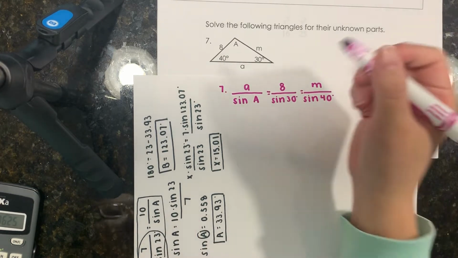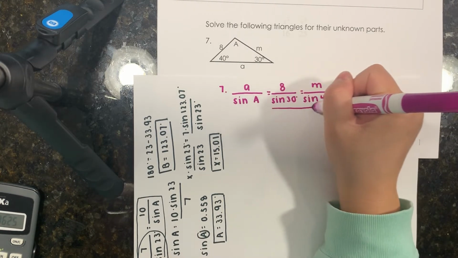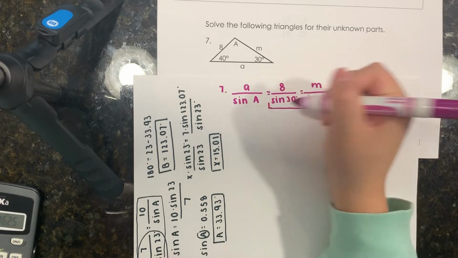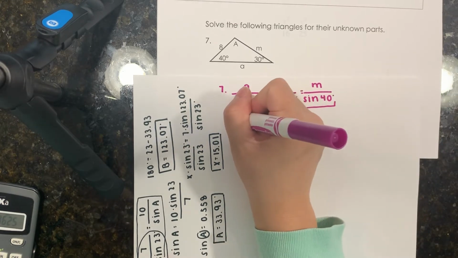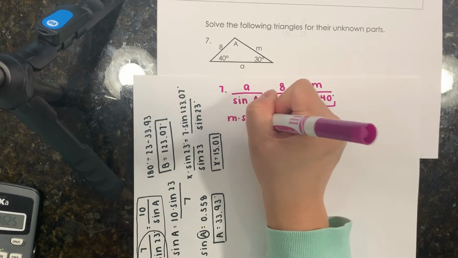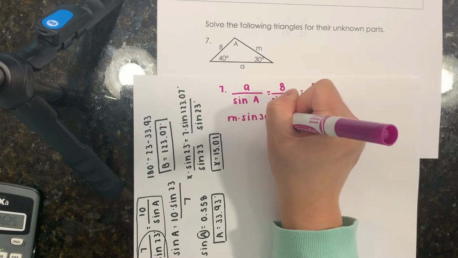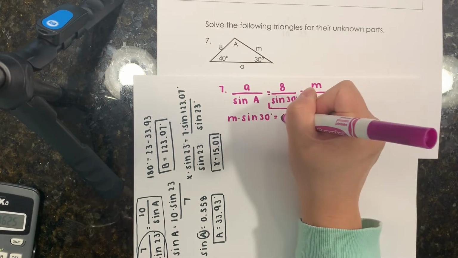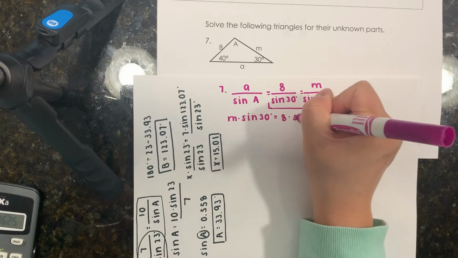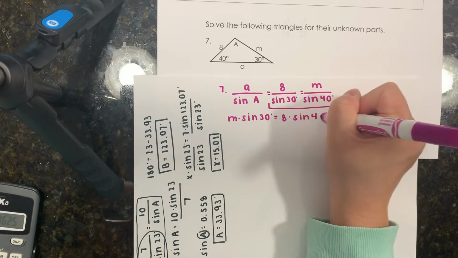I'm going to start by cross multiplying these last two fractions, and that would be m times sine of 30 equals 8 times sine of 40.